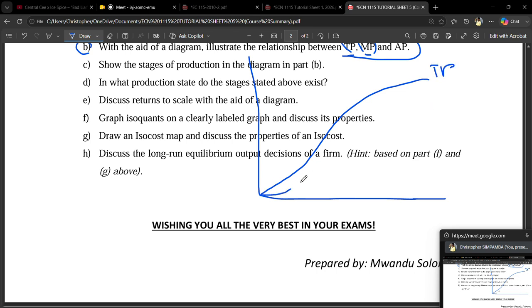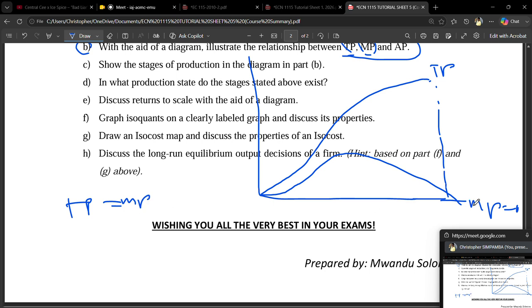Our marginal product increases, then it goes down like that. At the point where marginal product equals 0, our total product is at its maximum. That's the first relationship between total product and marginal product. When marginal product is increasing, total product will be increasing at an increasing rate.